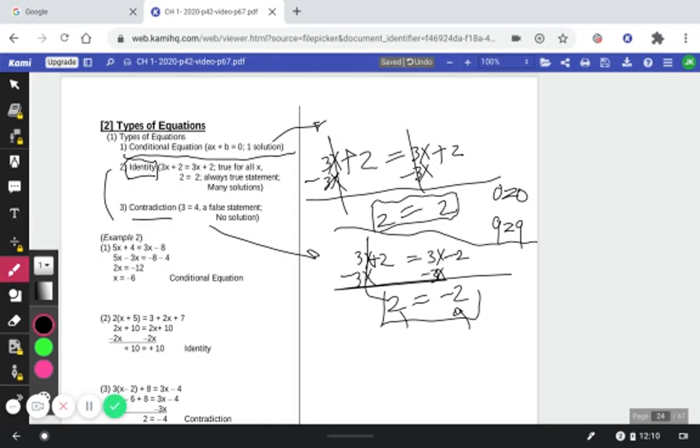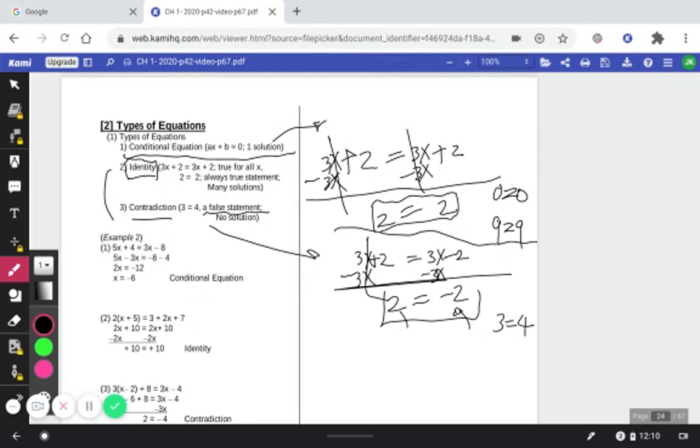2 is 2, -2 is -2. They are not equal. Whatever value you have for x, it will never make 2 equal to -2. That is a false statement. Sometimes you end up with 3 equals 4. How can 3 equal 4?